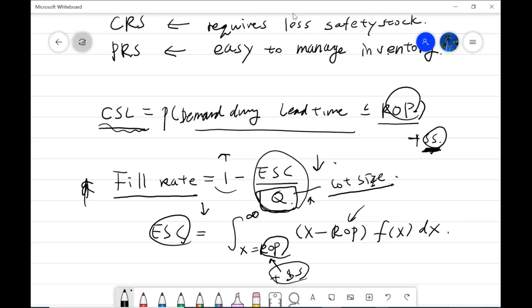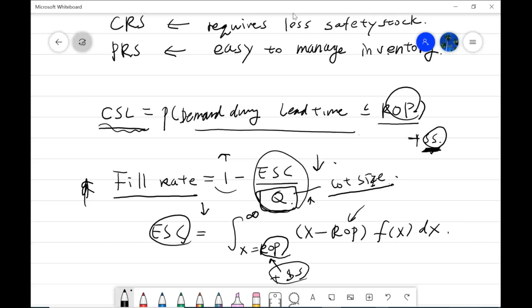So if I have a choice to evaluate an inventory control system, I would choose the cycle service level instead of the fill rate, because I believe cycle service level is a better indicator of product availability than the fill rate.